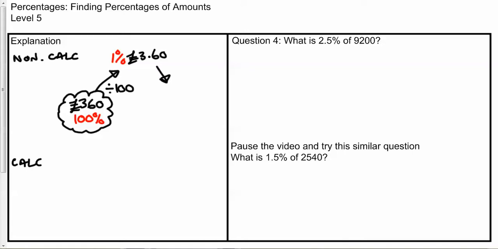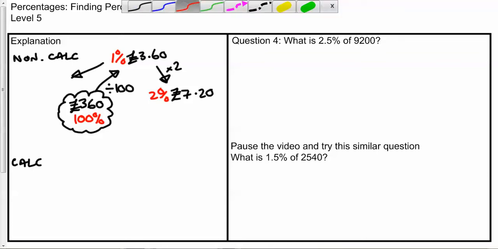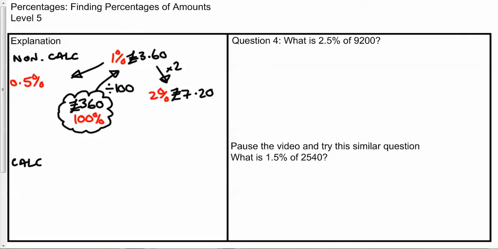Then from that point, if say for example I wanted to find 2%, I could double it, and that will give me £7.20. If I wanted to find 0.5%, then I can halve 1%. So let's have a look what 0.5% will be.